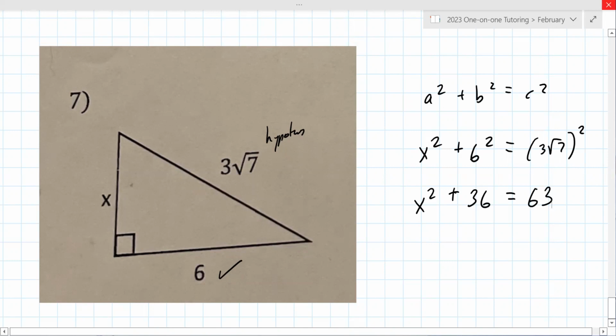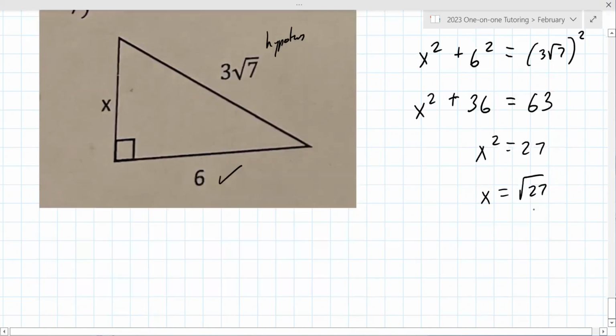That's 27. So x squared equals 27. And you take the square root of 27, which you can break apart, 9 and 3.